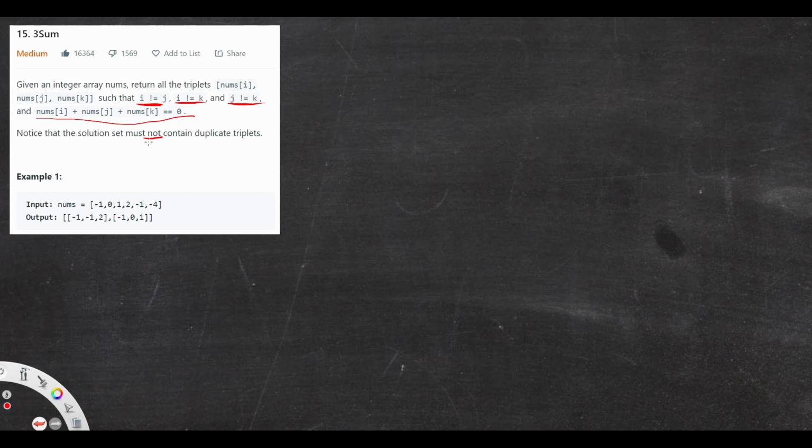We have a list of numbers and we have to find three numbers such as x plus y plus z where they add up to 0. And of course there can be multiple combinations of these numbers. And duplicate triplets mean that the order of the elements doesn't matter. So for example, the set of 1, 2, and 3 will be considered the same as 3, 2, and 1.